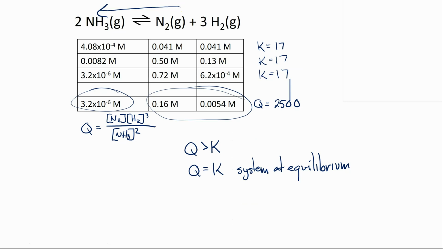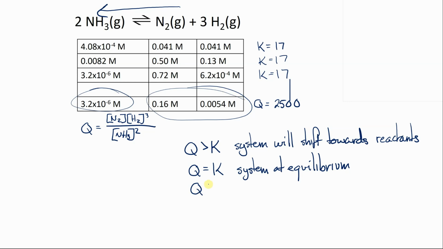When the Q is greater than the K, the system will shift towards reactants. Or saying it another way, the spontaneous direction for this reaction will be products converting into reactants.